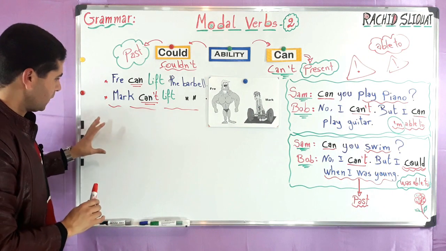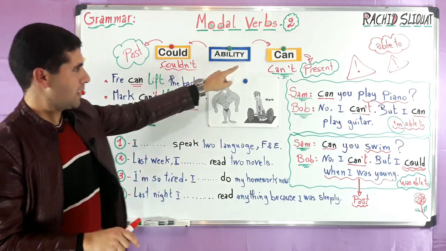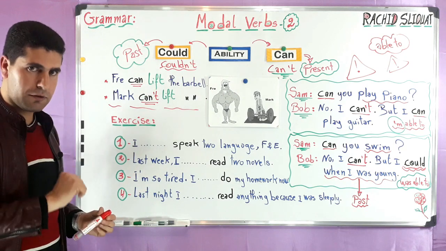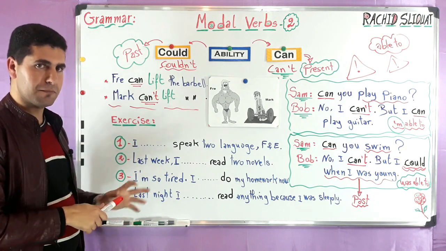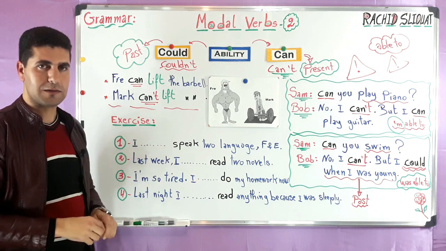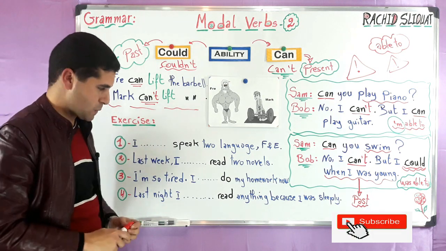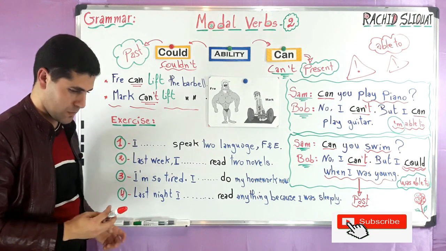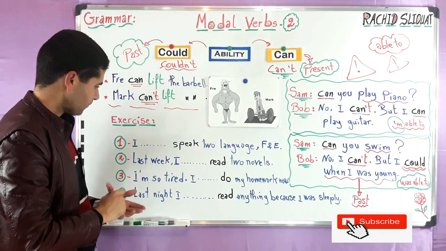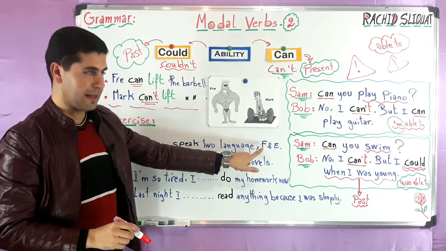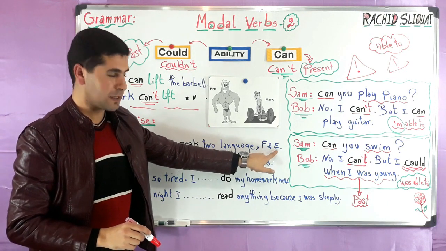So here is an exercise to complete with can, can't, or could, couldn't. You can pause and try to complete these sentences. Now number one: I speak two languages, French and English.